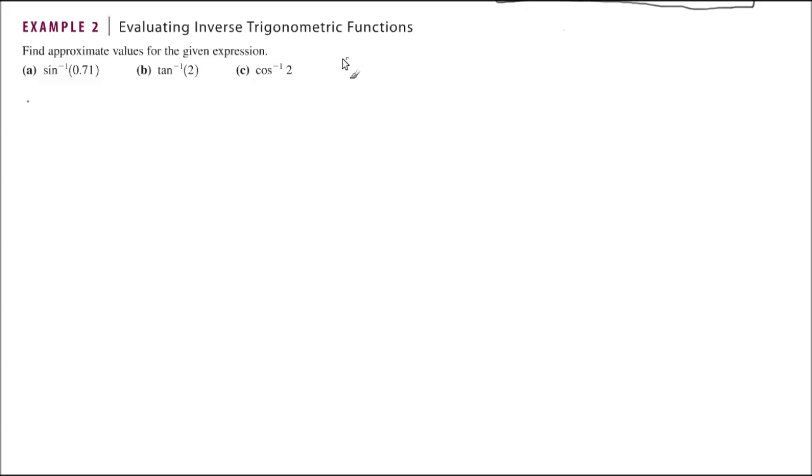So it's part A. All right, sine inverse of -0.71, right? When you look at it, always continue with what statement? Don't just write it like this. Equals theta. Always write it like that, right? And what do you think about next? Theta is in between -90 degrees and +90 degrees, inclusive.